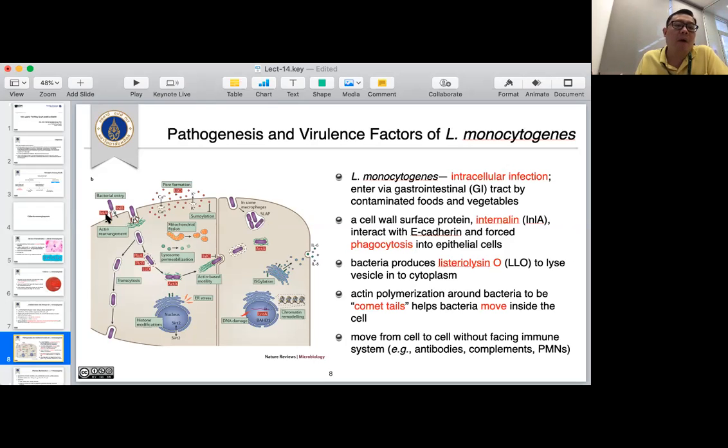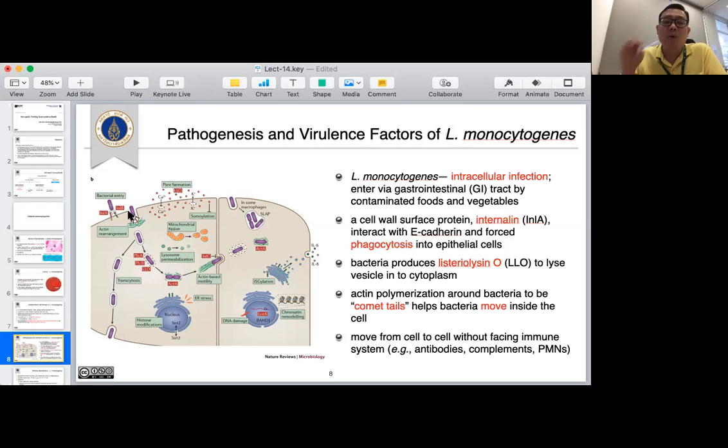Once internalin binds to E-cadherin, this signal forces the host cells to phagocytose the bacteria inside the cell. So the bacteria command host cells to phagocytose them.